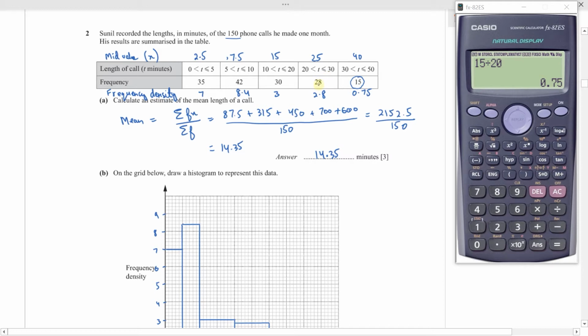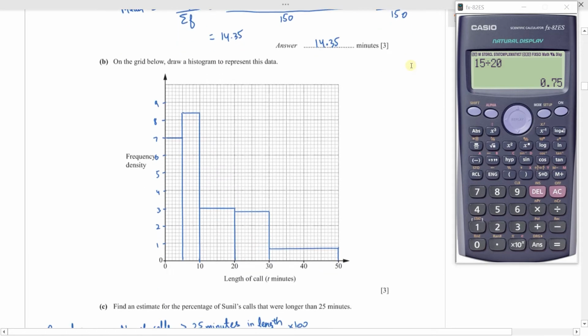But you are interested in calls longer than 25 minutes. So 25 is right in the middle, right? You're interested in only calls that are greater than 25.